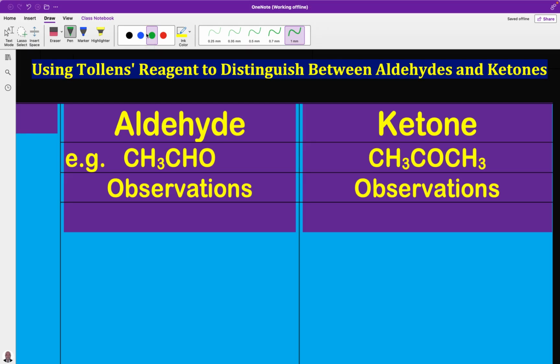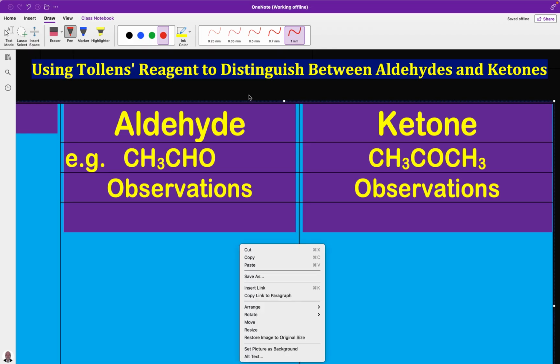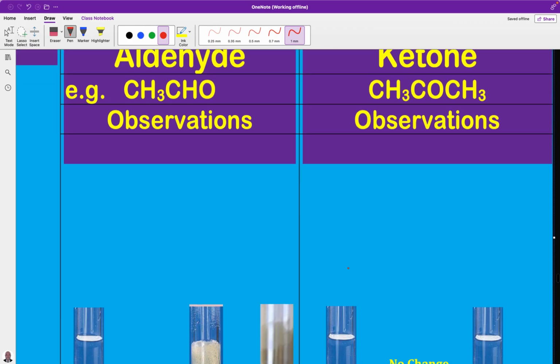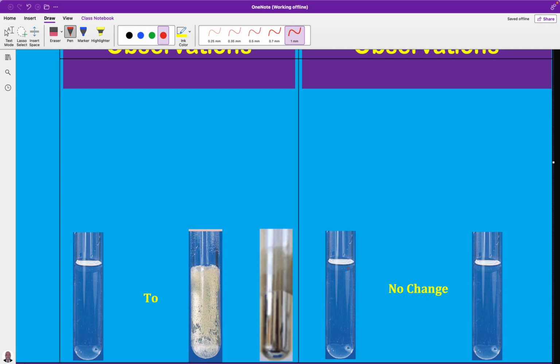Addition of Tollens reagent. This is ethanol. This is a Tollens reagent.